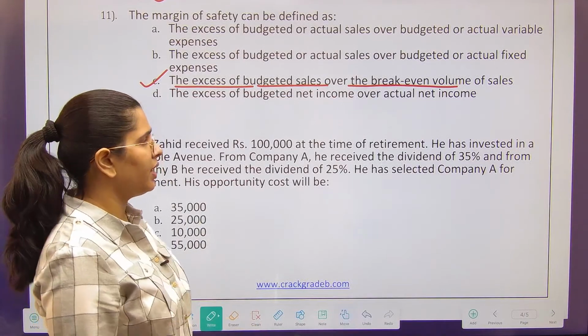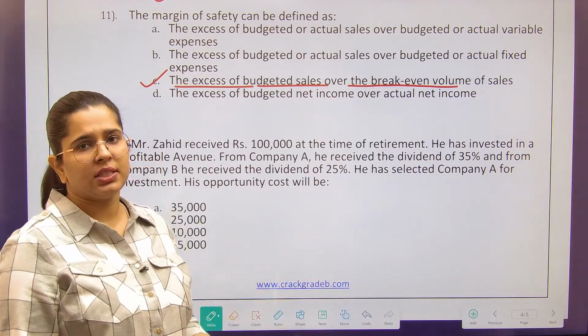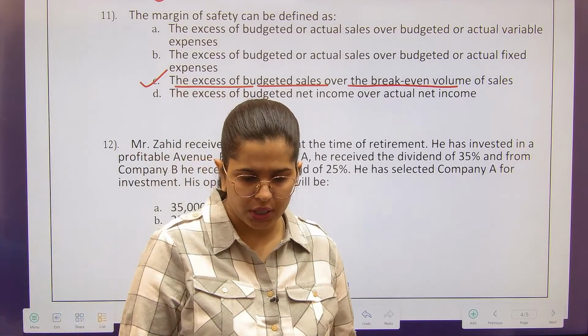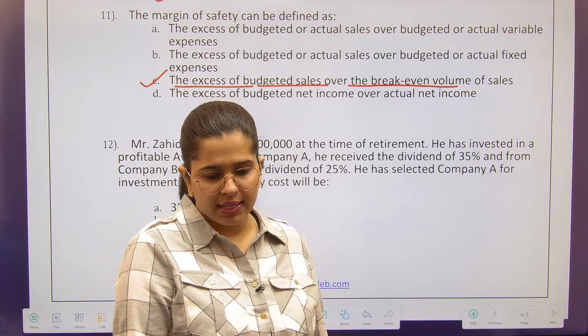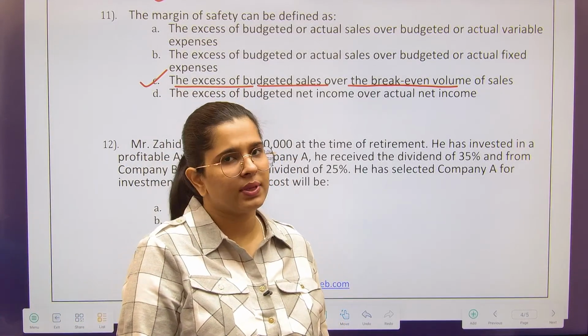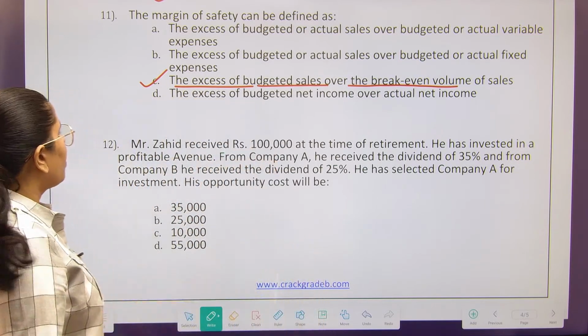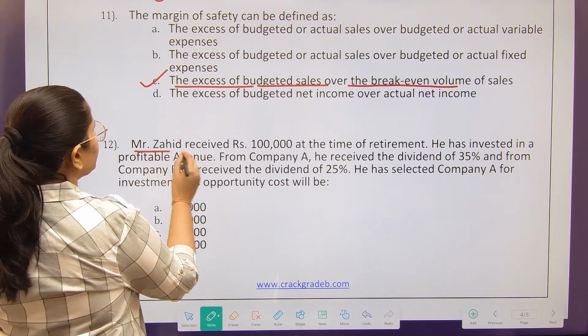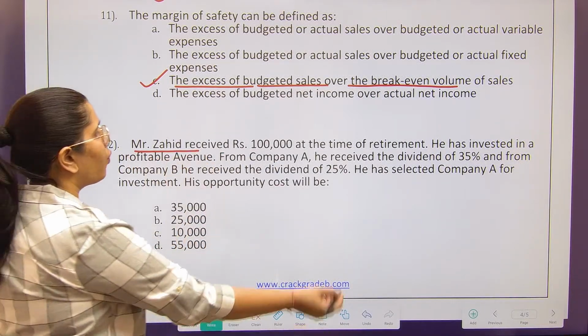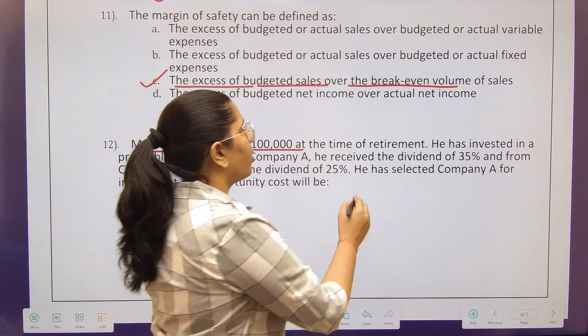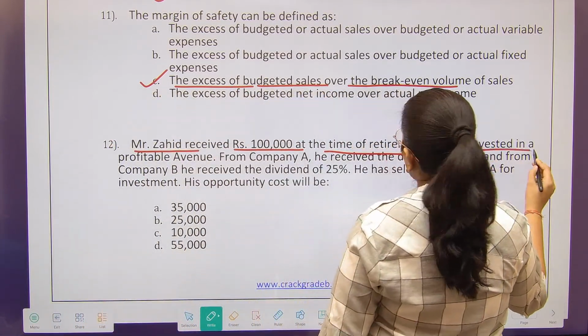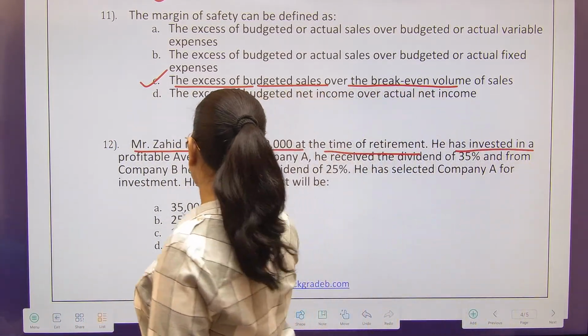Now this is a very short question depicting the concept of opportunity cost. Instead of asking directly, this has been asked in a question answer format. So the question is, Mr. Zahid received 1 lakh at the time of retirement. He has invested in a profitable avenue.